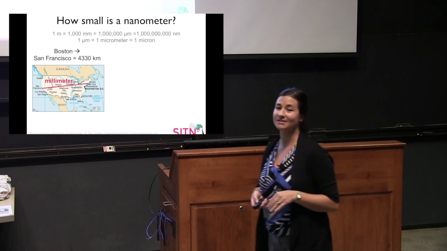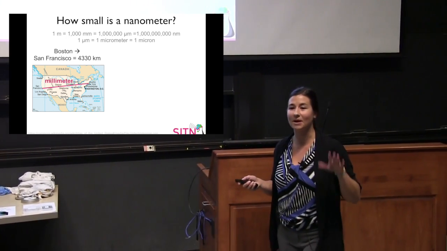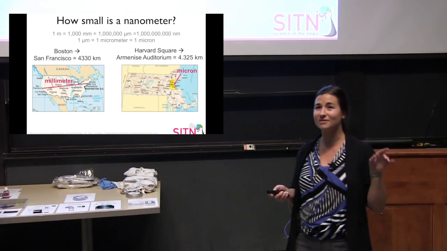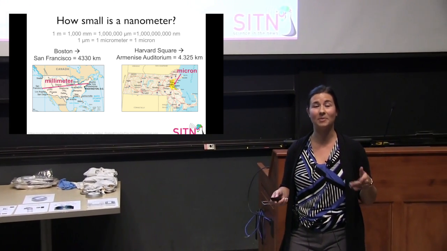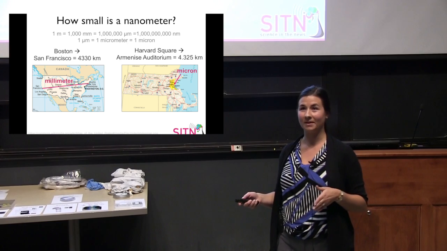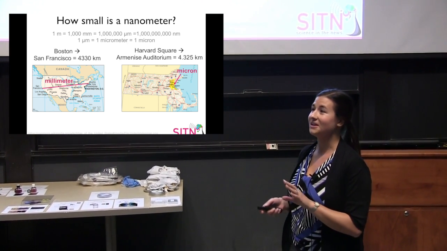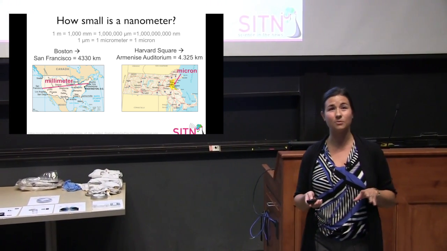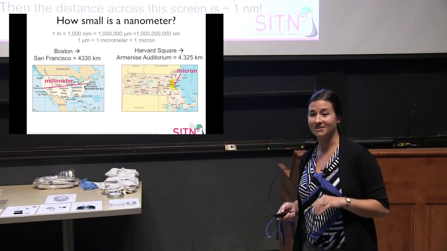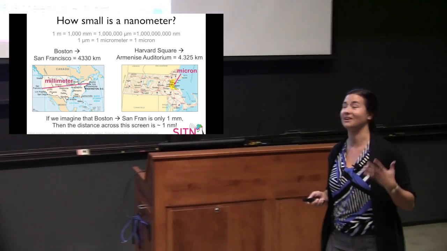And if we use that analogy, then the distance between the auditorium that we're in at this moment and Harvard Square is similar to what a micron would be, so about 1,000 times shorter. And remember, this is the larger of our two small units. So if we go even 1,000 times smaller than that, we get to what a nanometer is. And so that distance, if we sit here and think, well, what's a nanometer on this scale?